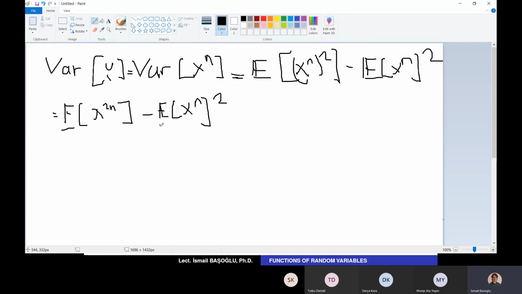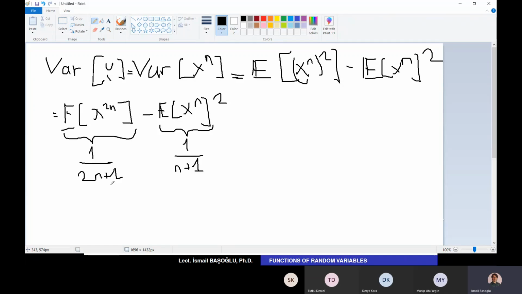Okay, now you know the expected value of x to the power n was calculated as 1 over n plus 1 in one of the previous questions that we solved today in the previous hour. So what do you think the expected value of x to the power 2n will be? It is going to be equal to 1 over 2n plus 1, right? Yeah, that's easy.